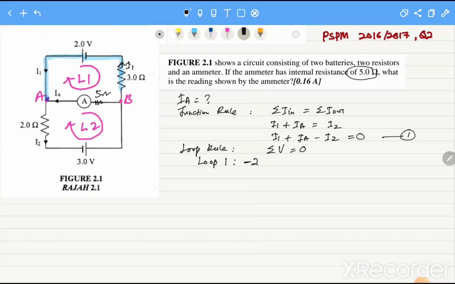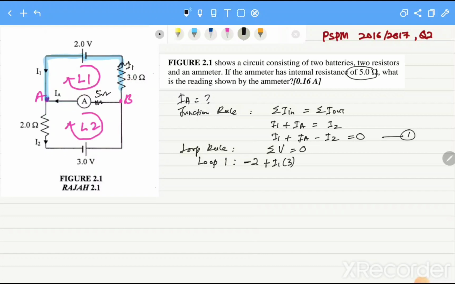As you can see, we are moving downward. Current I1 is upward. Because we are moving in the opposite direction to the current, the voltage will increase. So we use a positive sign for voltage increase. The voltage of the resistor is I1 times 3, IR.